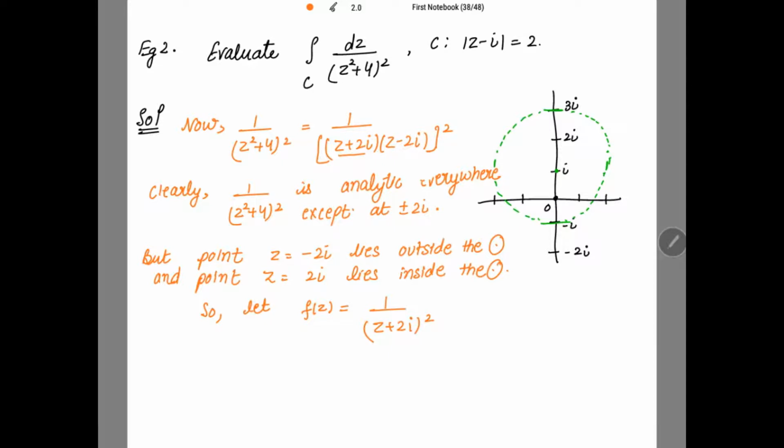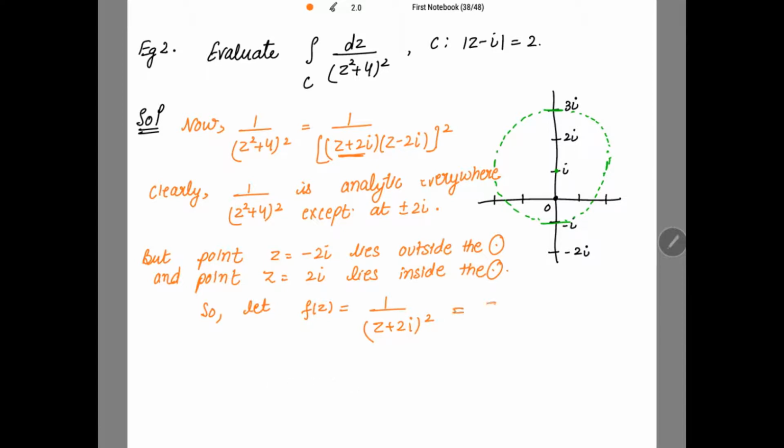The point which lies outside the circle, we have to take the denominator part having that point to be in our f(z). Alright. So we have to include this part of the denominator in our f(z). Alright? Okay, so let's continue this.